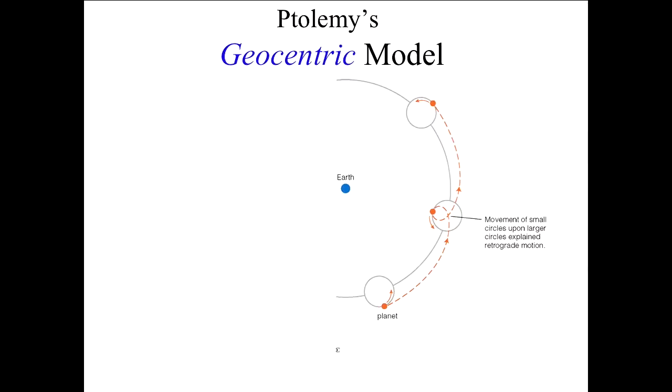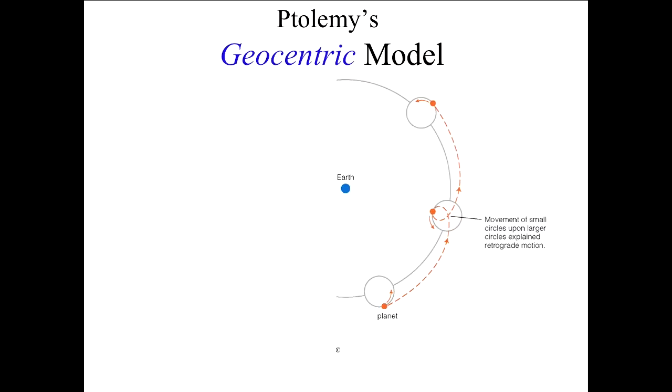There's the Earth, stationary. Here's Mars going around the Earth. Every once in a while, Mars backs up. Why? Because Mars is not only on one orbit around the Earth, it's on a second orbit, a so-called epicycle. Mars is going around in a little orbit superimposed on the big orbit, so that as Mars goes this way, but it's also going around this way, occasionally Mars is on its little epicycle orbit and is going backwards, and then it goes forwards again.